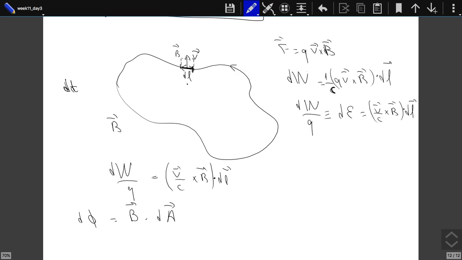Now dl is in the other direction. So this will be equal to B dot dA. Now what is dA? Well, the dA vector, I can just define as dl cross V dt. This is my area vector.